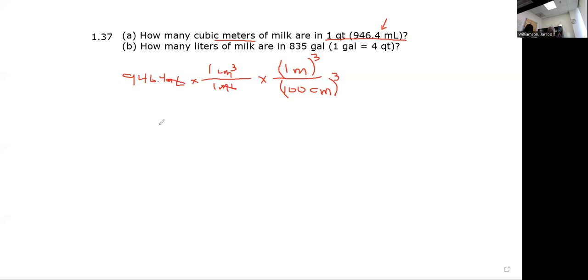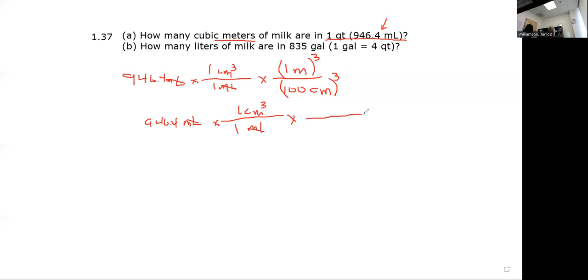So what I will end up with is 946.4 milliliters times 1 cubic centimeter is 1 milliliter. And we already showed that the milliliters canceled out.